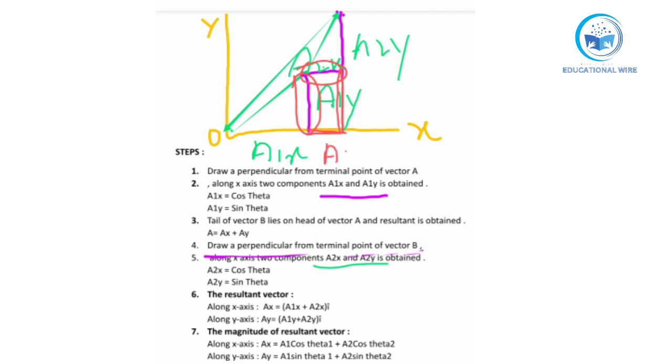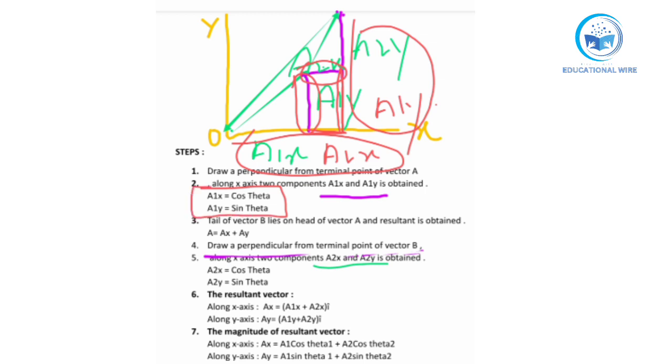So it means that a2x comes over here and a1y comes over here. So a1y and a2y are perpendicular, and a1x and a2x are its basis. As we said, a1x is equal to cos theta and a1y is sin theta. So same over here, a2x is equal to cos theta and a2y is equal to sin theta.